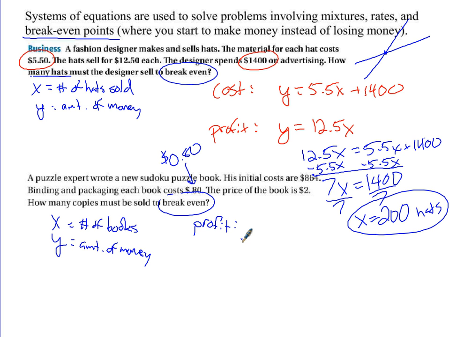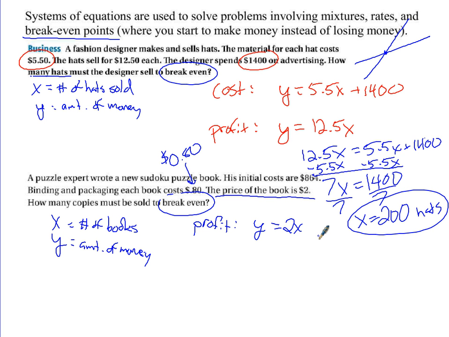Making money. That's right. So amount of money equals the thing that's making me money, the price of the book, which is $2. $2 per book. So Y equals 2X. That's right. Is there anything else here that's making me money?